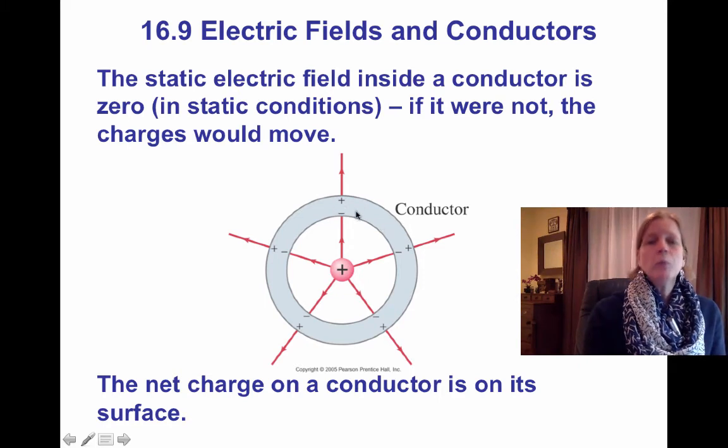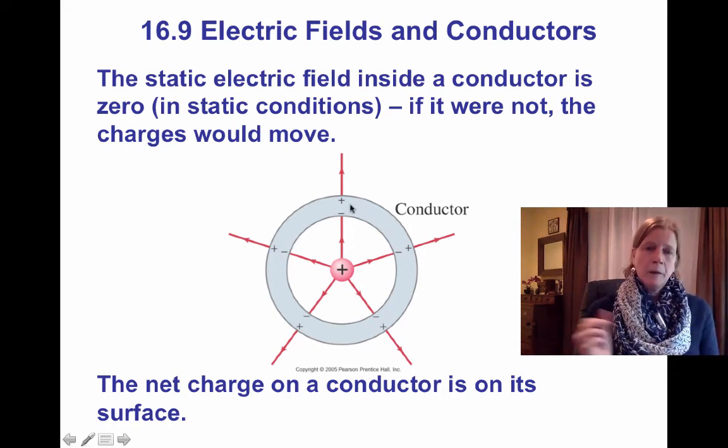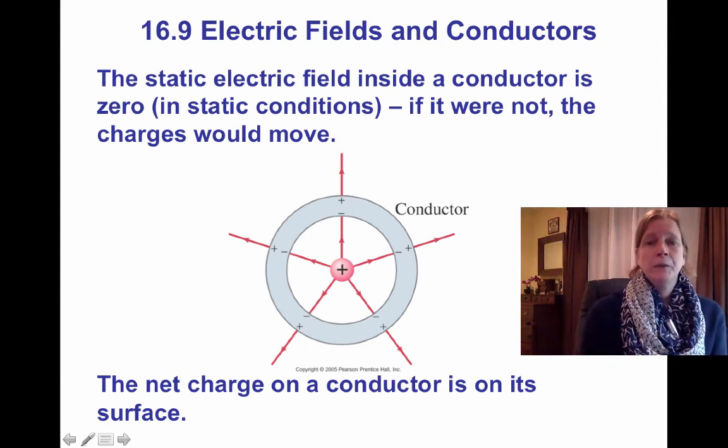The electrons would move under the influence of the field. They'd move in the direction opposite the field. And they'd move until they couldn't move anymore, and then they'd get to their stable orientation. So, if you move this charge around, then you could get some motion of charge within the conductor. But when things are static, if this charge is not moving and static, then there's no field inside the conductor.